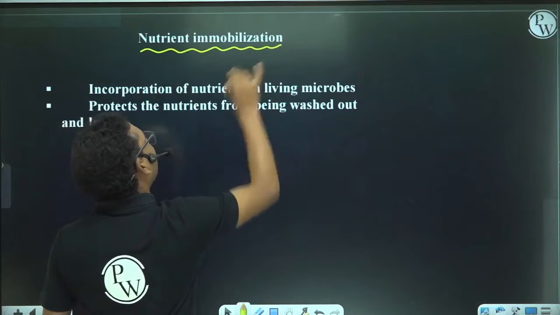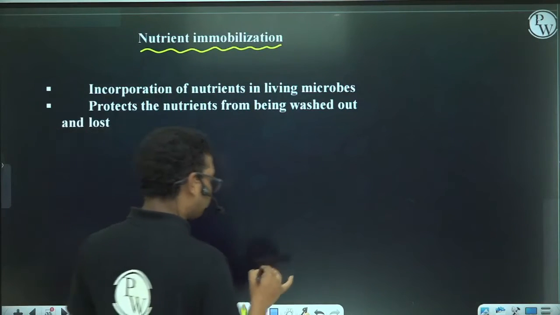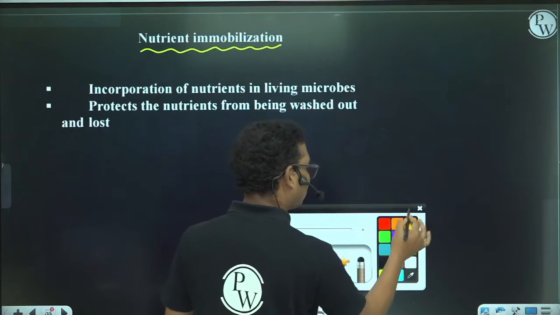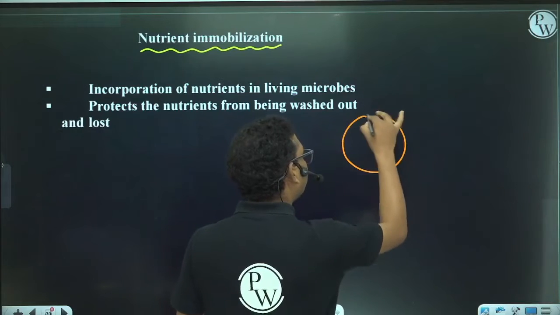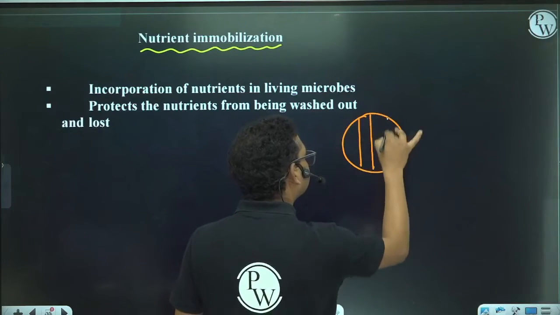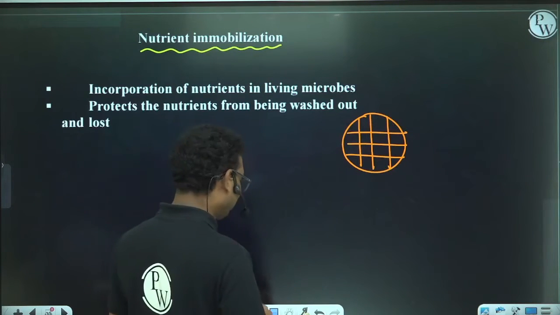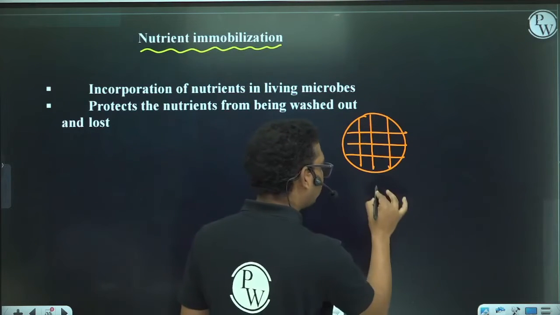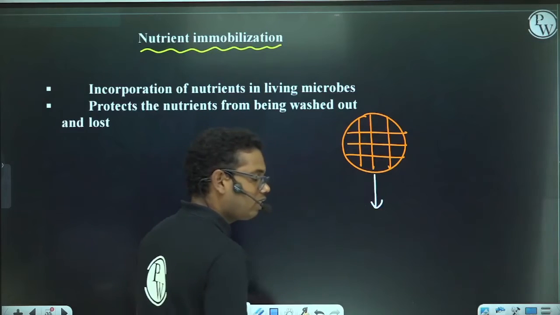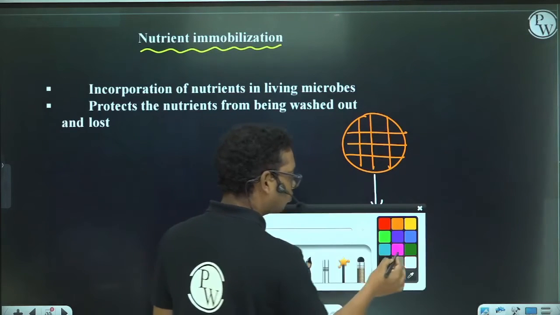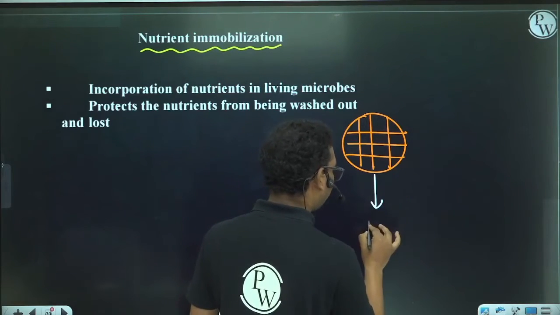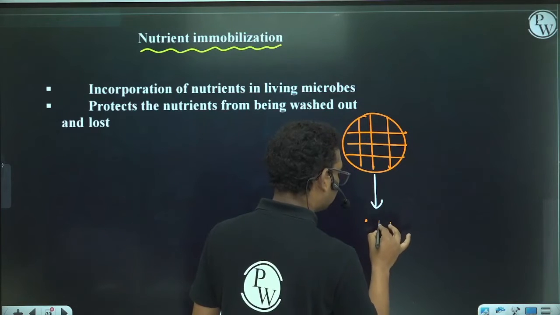What do you mean by nutrient immobilization? So suppose this is a detritus, and this detritus will be broken to form a number of small particles.